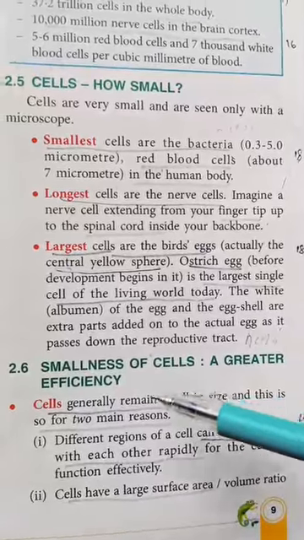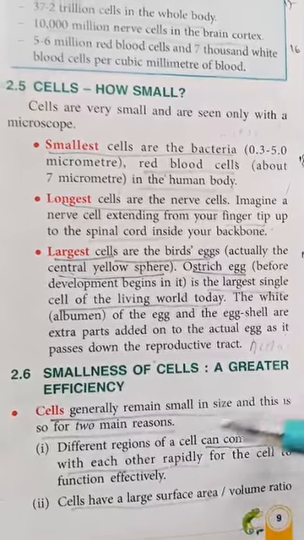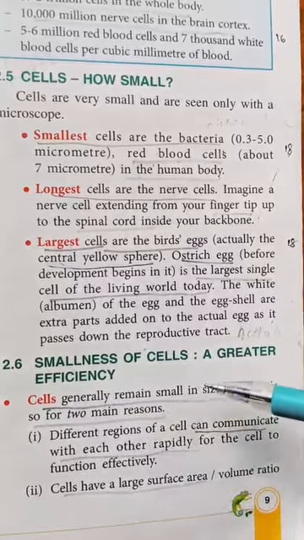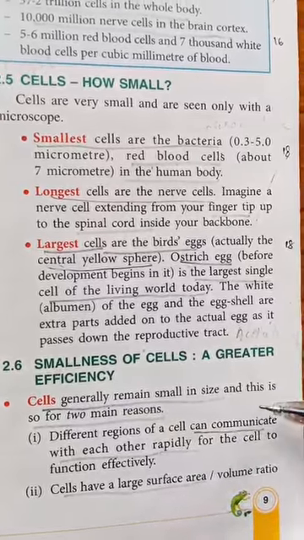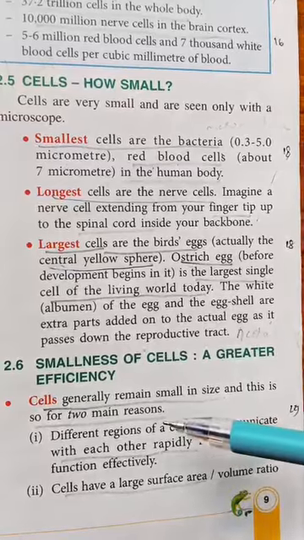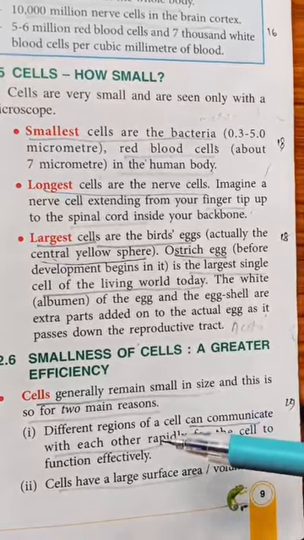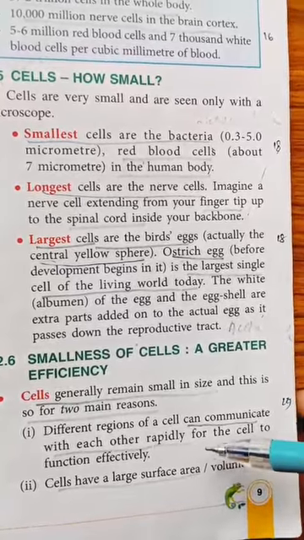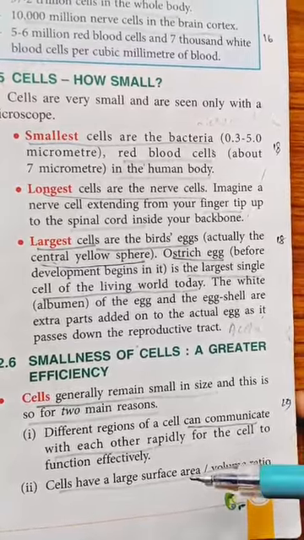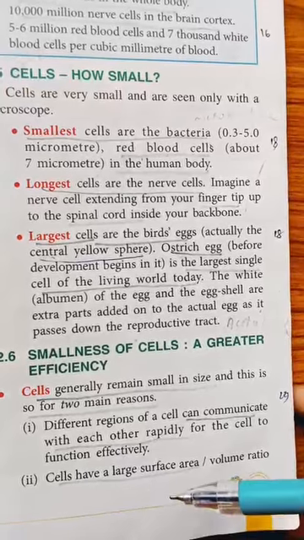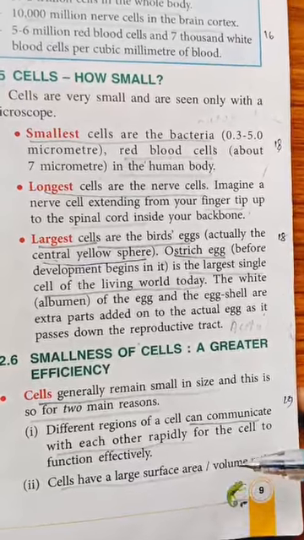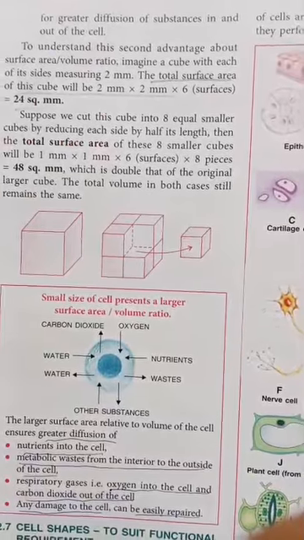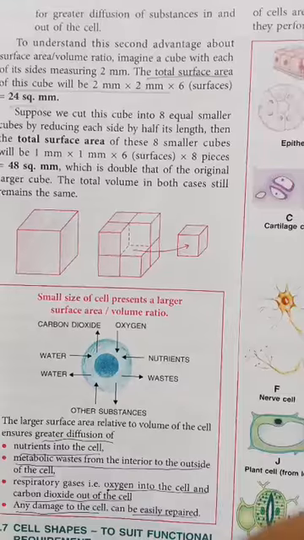Smallness of the cell gives greater efficiency. Cells generally remain small in size for two main reasons. Different regions of the cell can communicate with each other rapidly so the cell functions efficiently, and cells have a larger surface area to volume ratio for greater diffusion of substances in and out of the cell.